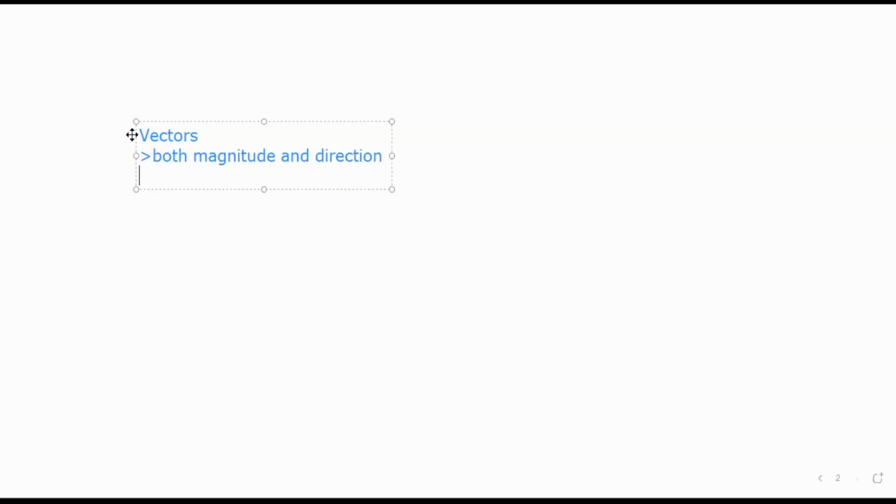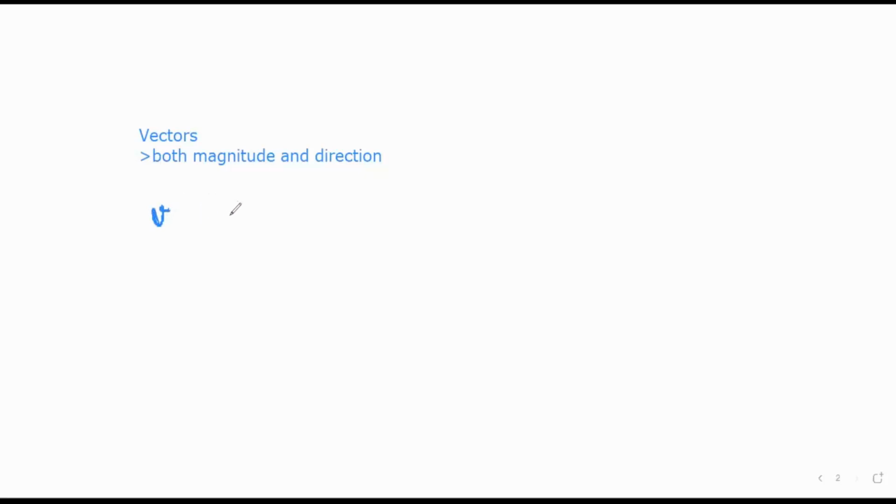Now we will talk about how we represent vectors in most of the textbooks that we see. In most textbooks, any vector, suppose v, is written in bold form.